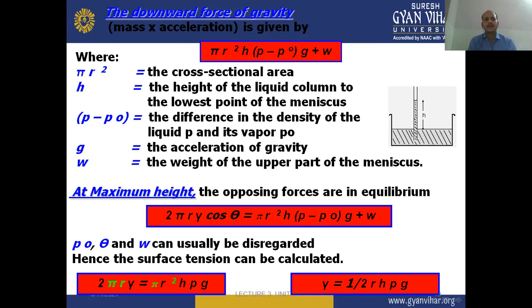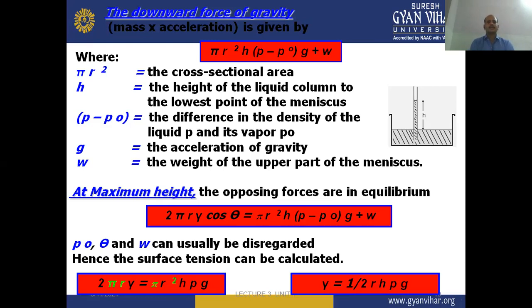So pi r square in this equation is the cross-sectional area. h is the height of the liquid column to the lowest point of the meniscus. And rho minus rho 0 is the difference in the density of the liquid and its vapor, rho 0.